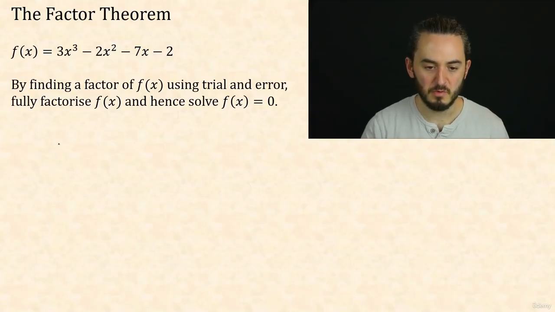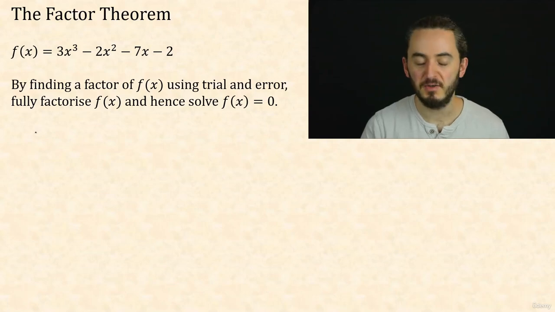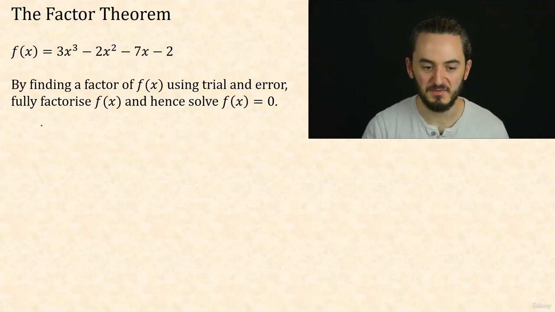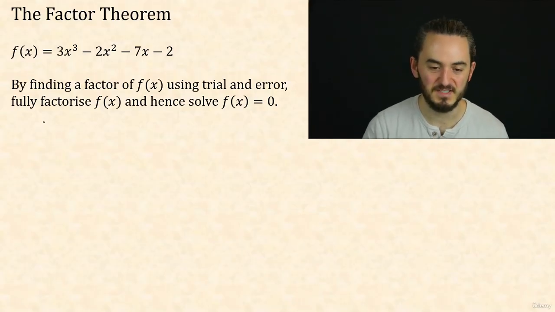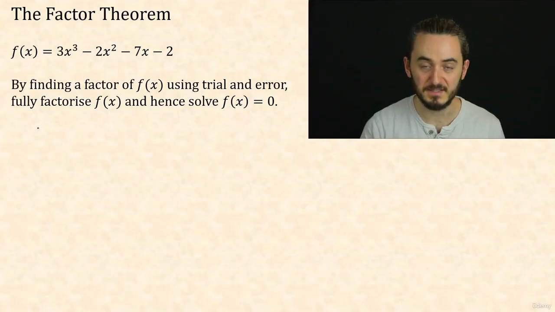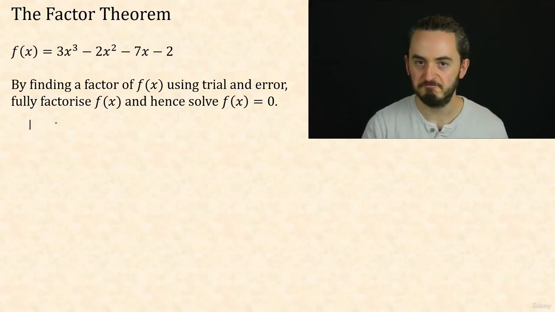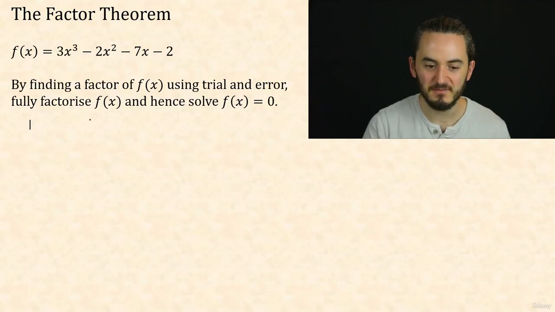All right, so where should I start with my guesses? Here are the numbers that I would recommend guessing as factors. In exams, you're never going to get a cubic that has insane factors. So you don't need to be guessing 71 or guessing 46. Guess 1: see if f of 1 equals 0.